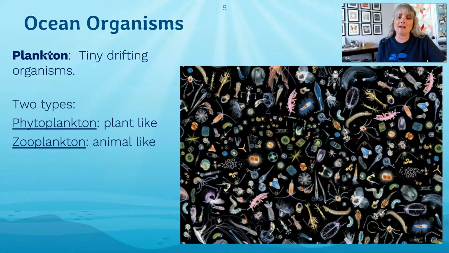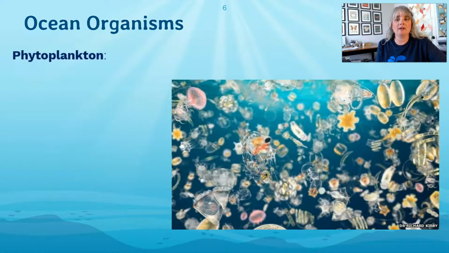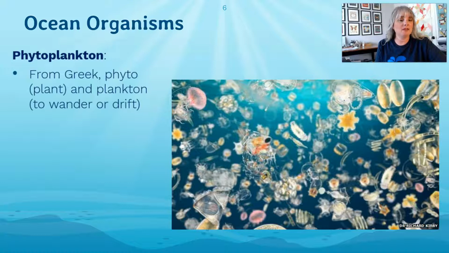Okay, the last category is called plankton. Plankton are tiny drifting organisms, and they are two parts. There is phytoplankton, which is plant-like, and zooplankton, which is animal-like. So let's look at phytoplankton. Phytoplankton comes from Greek terms, phyto meaning plant and plankton meaning to wander or drift. So they cannot swim independently of a current.